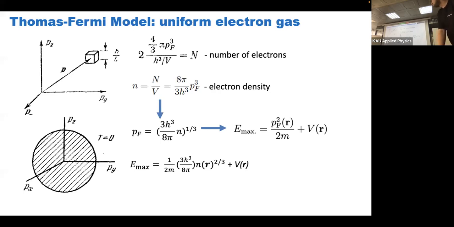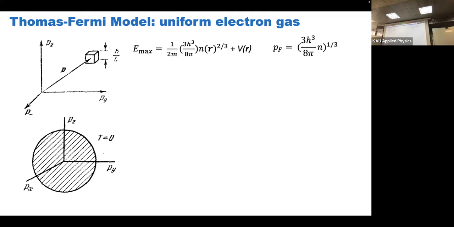I just substitute P_F, just calculated, into this formula, and I have some creepy formula for the maximum energy, which depends on N. So we have electron density here.